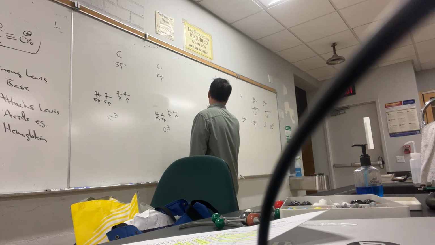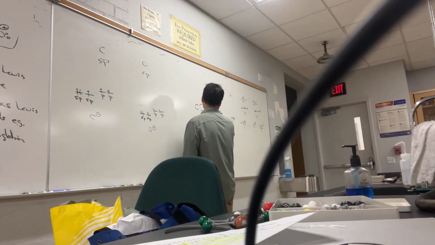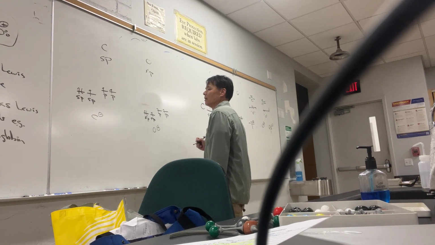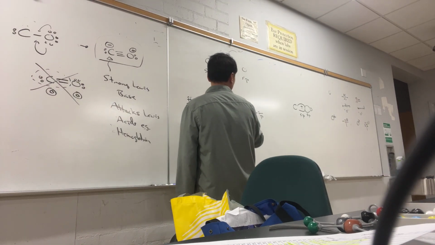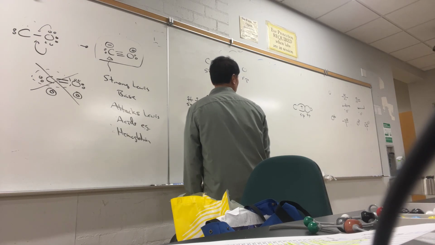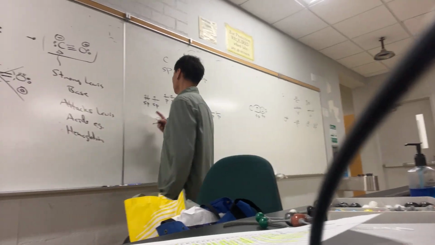And then I'm going to form a bond here. So to the carbon, an oxygen's sp orbital is going to come in here and bond here. From oxygen's perspective, a carbon's sp orbital is going to come in here and bond here. So what we end up with is an sp-sp sigma bond.